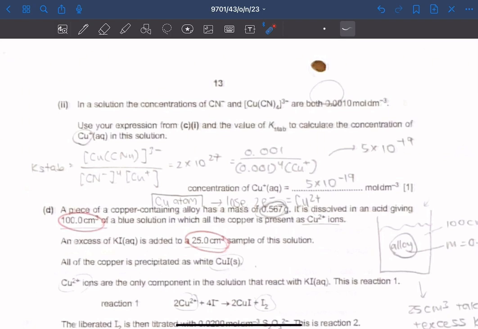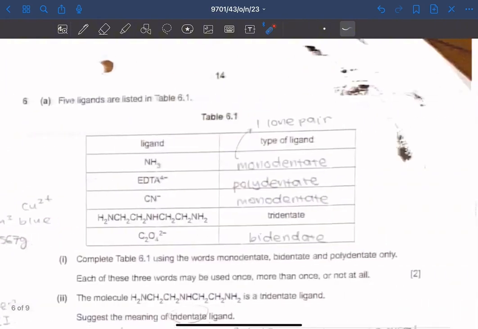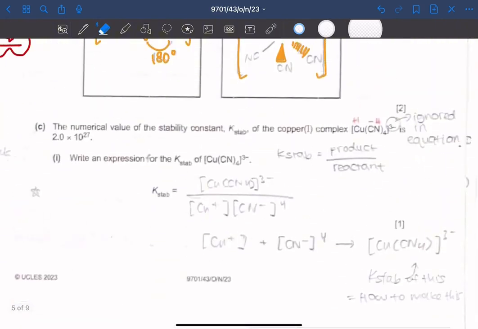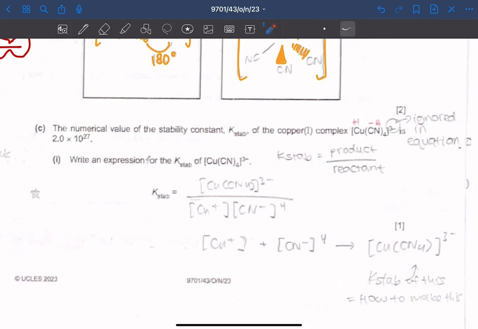So we can see in the previous question that the value of K_stab is 2 times 10 power 27.